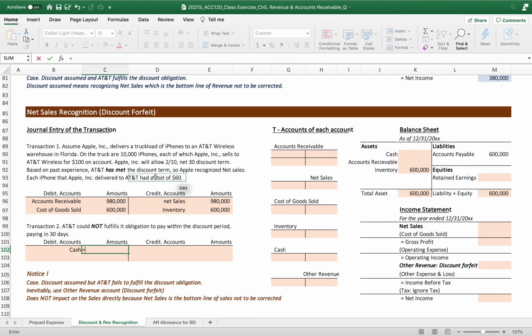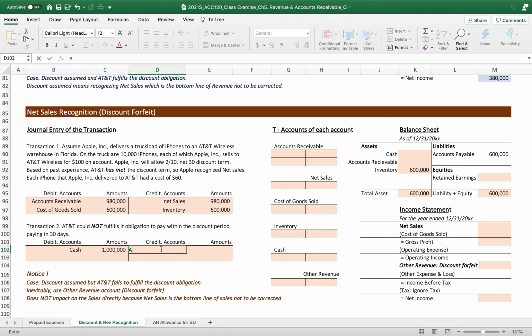AT&T would have paid 980, but they forfeited. They could not fulfill the obligation within 10 days, but they paid in 30 days, right? So they have to pay the full amount, $1 million, the full payment.